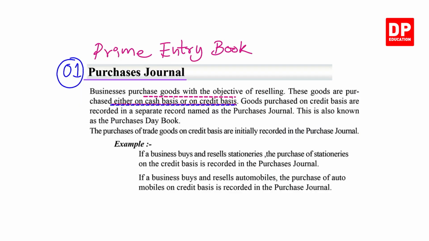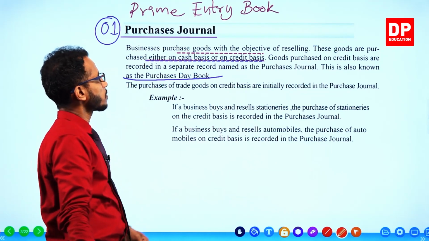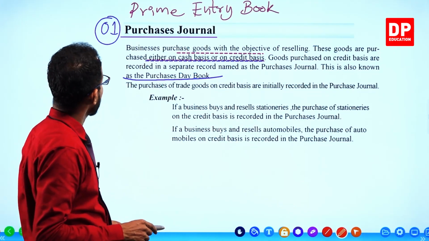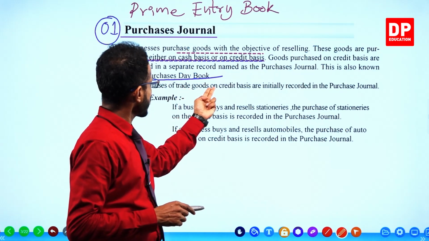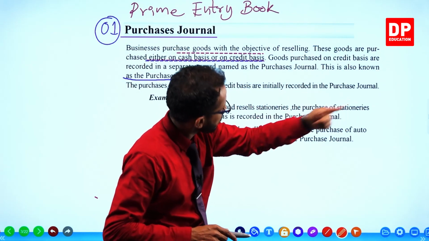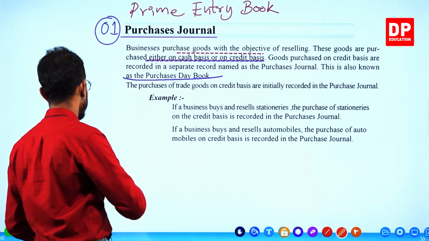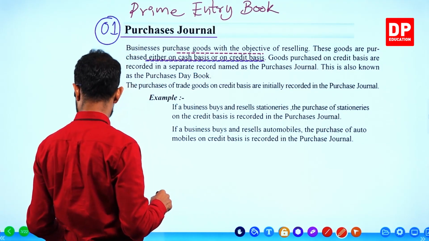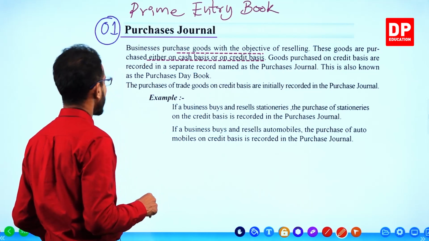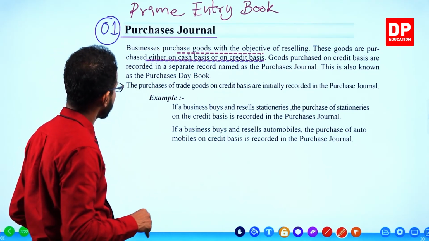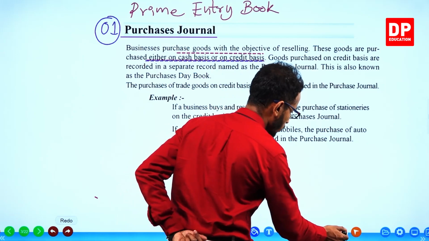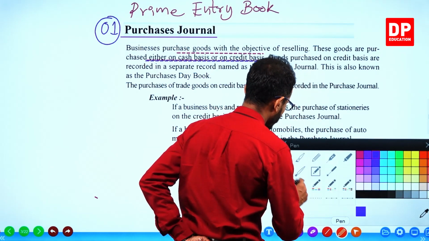Goods purchased on credit basis are recorded in a separate record named the purchases journal. This is also known as the purchases daybook. The purchases of trading goods on credit basis are initially recorded in the purchases journal. That is the main point to remember.